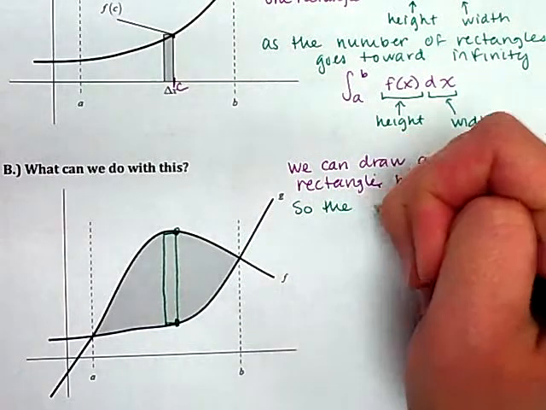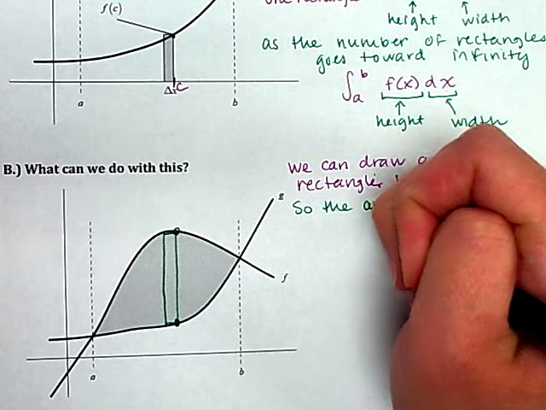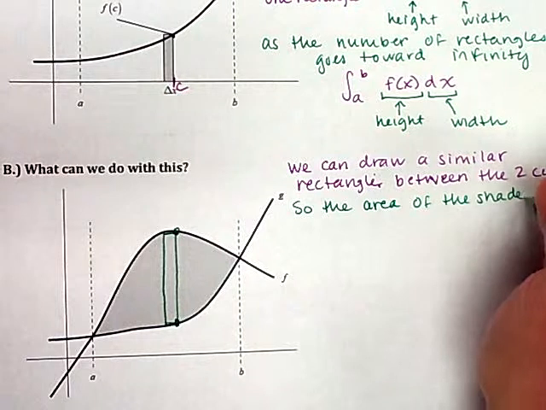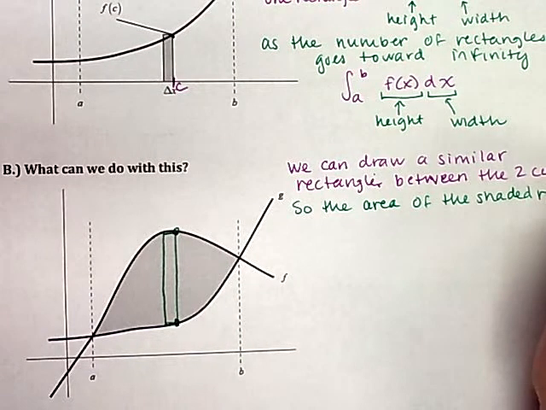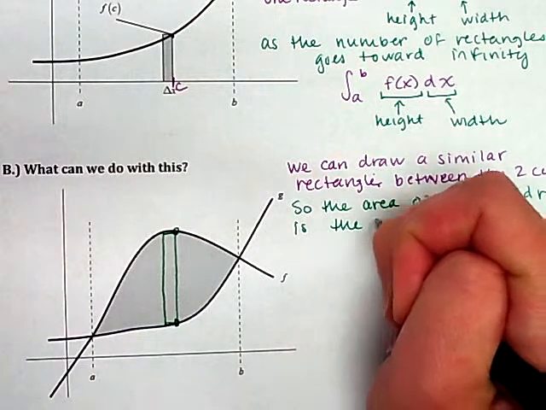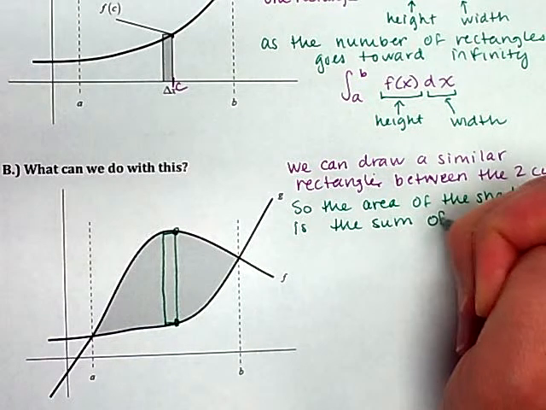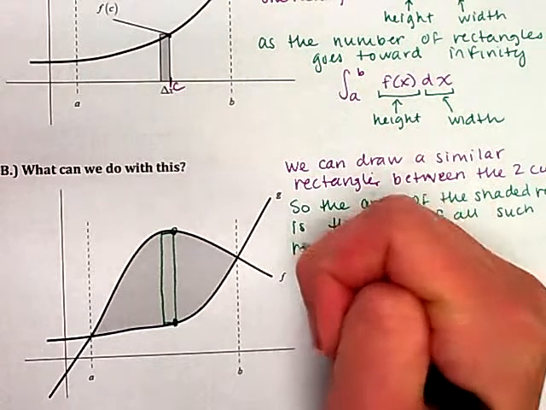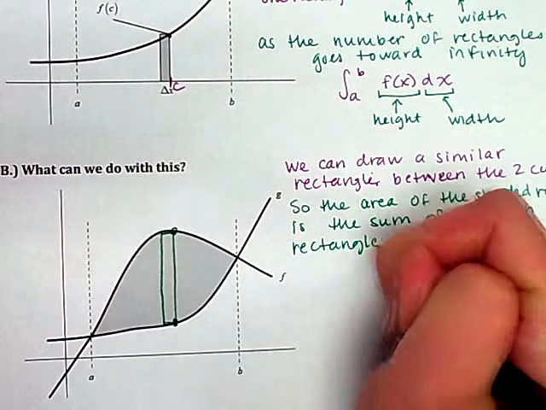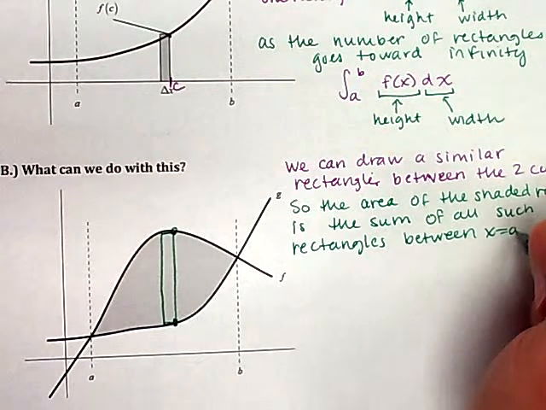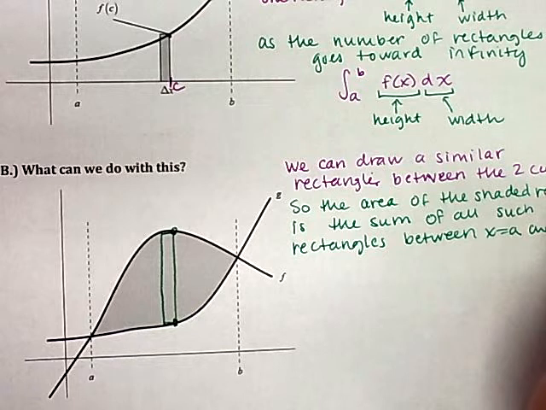So the area of the shaded region is the sum of all such rectangles between x equals a and x equals b.